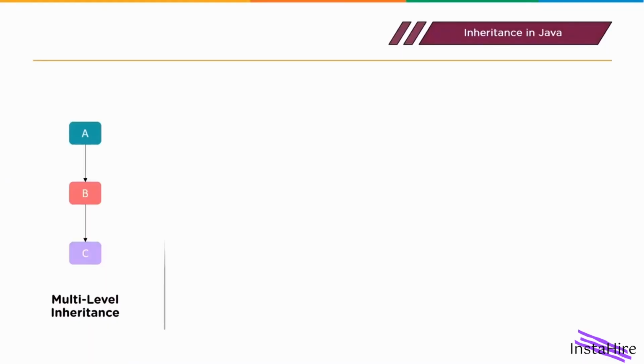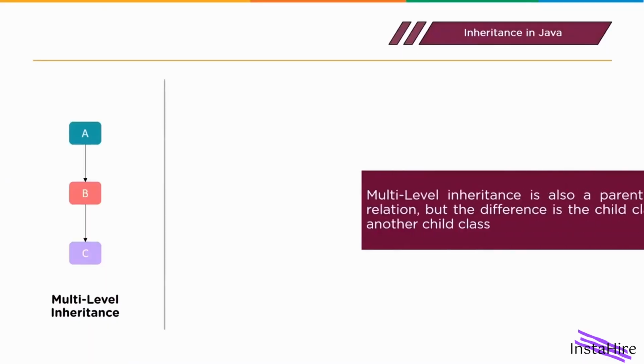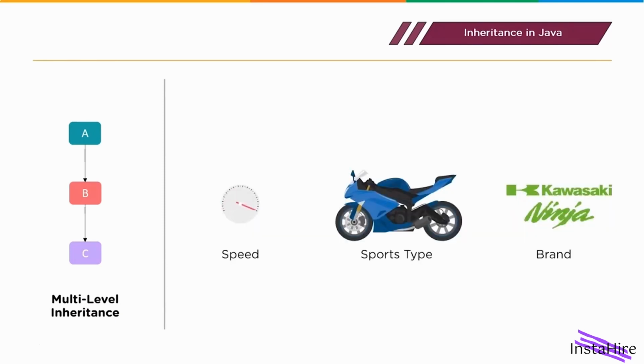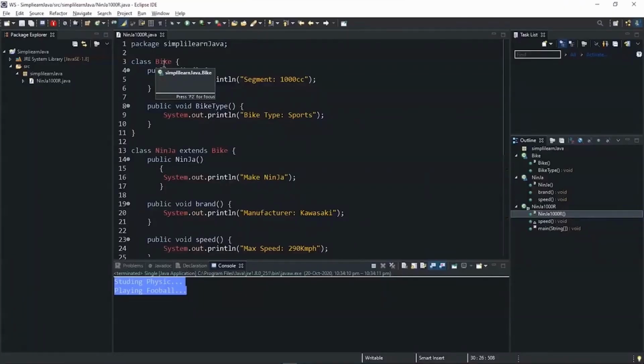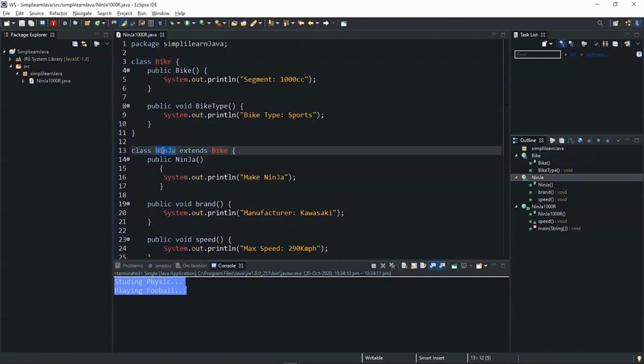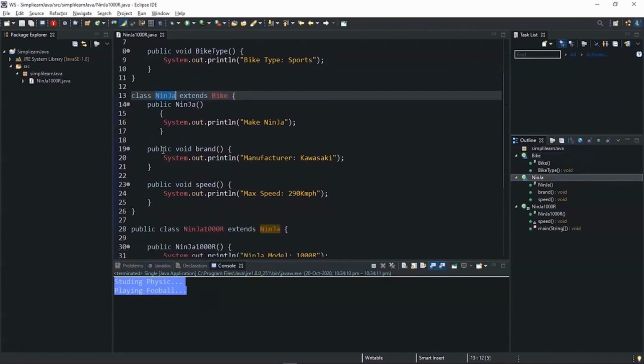Now with this, let's move on to the next type of inheritance, that is multi-level inheritance. Multi-level inheritance is also a parent-child inheritance relation, but the difference is the child class is inherited by another child class. Let us consider an example based on sports bikes. We have a program based on multi-level inheritance on my screen. Bike is the base class, and followed by that Ninja, which is the name of the bike, is a child class.